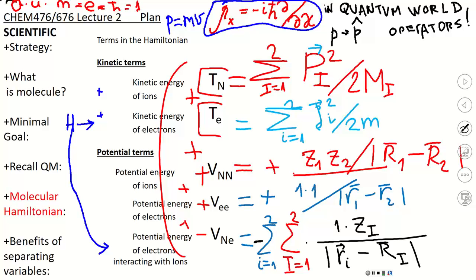If I'm lazy to repeat the same equation 4 times, I can implement notation for summation. If I want to use the kinetic energy of nuclei with index I that runs from 1 to 2, kinetic energy of electrons with momentum of electron with index lowercase i running from 1 to 2.